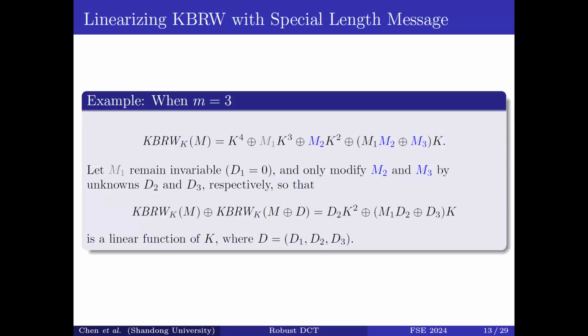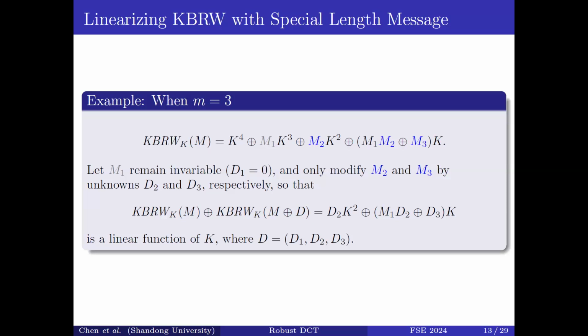Now let's look at how to linearize the KBRW polynomial function with special length messages. When the message length is 3, we get 3 input message blocks M1 to M3.